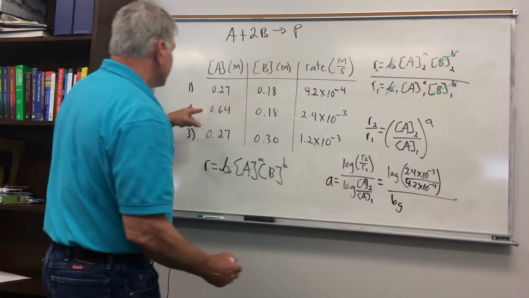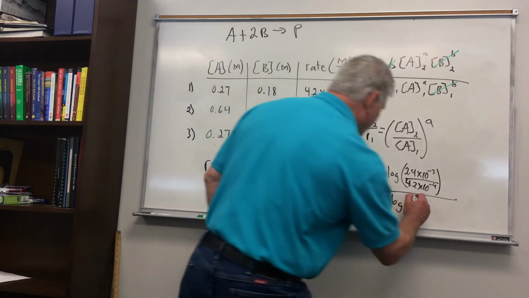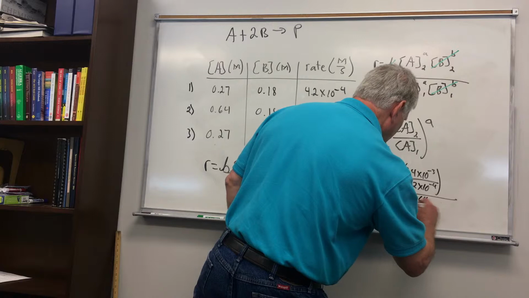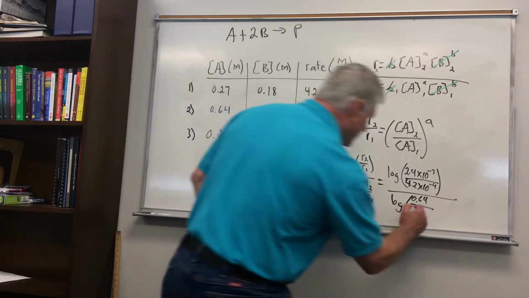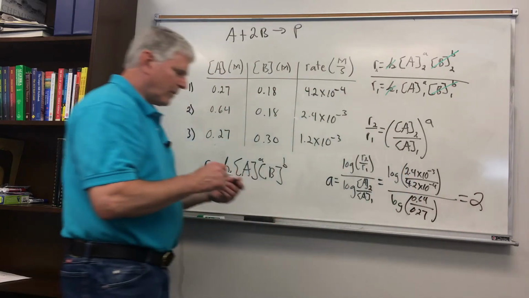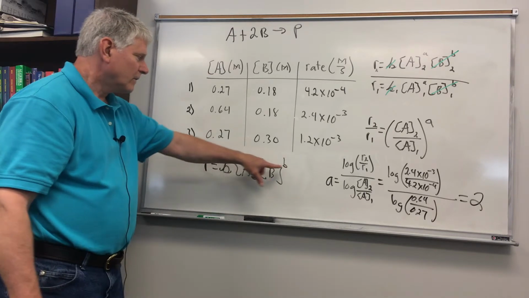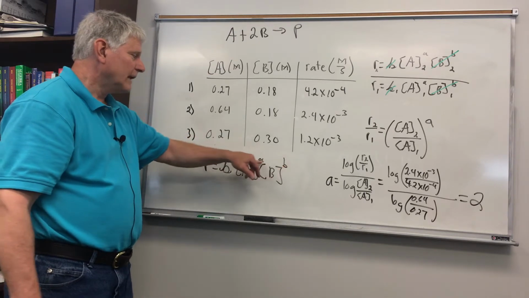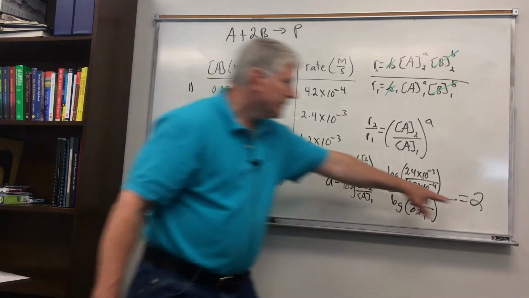So the concentration for experiment 2 for A is 0.64 molar, and for experiment 1 it's 0.27. And I'll round to a whole number because for our class, we're assuming little a and b are whole numbers. So we found that little a is equal to 2.